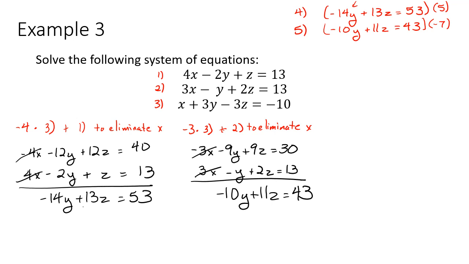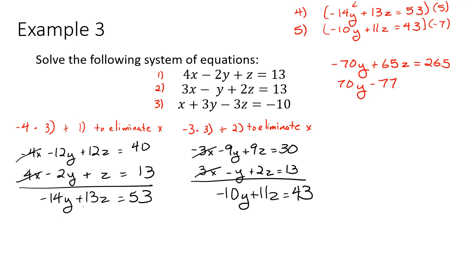For the top equation, we've got a minus 70y, 5 times 13 would give us a plus 65z, and this is equal to 53 times 5, which would be 265. And now I'm going to do negative 7 times the bottom equation, which will give me a positive 70y. Again, be careful with your signs.